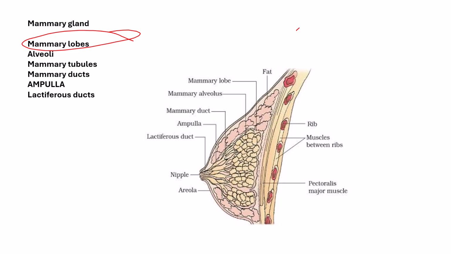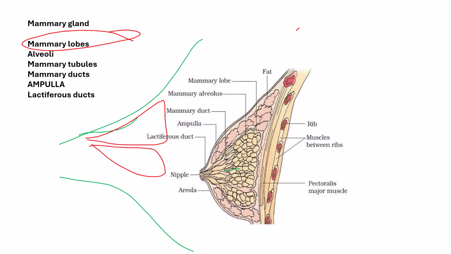So if you zoom in on this structure, you can observe these mammary lobes. Inside the mammary lobes there are many alveoli. So if you consider this as a mammary gland, there are many mammary lobes, around 15 to 20 mammary lobes, which have alveoli. Okay.